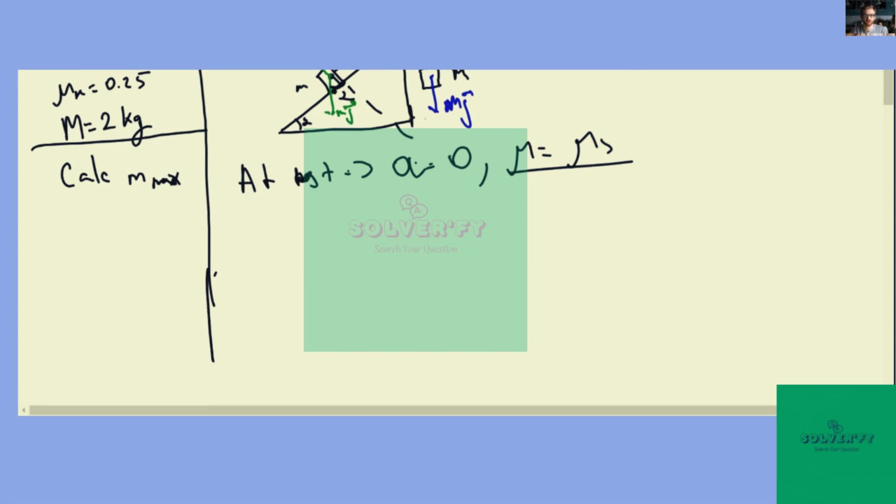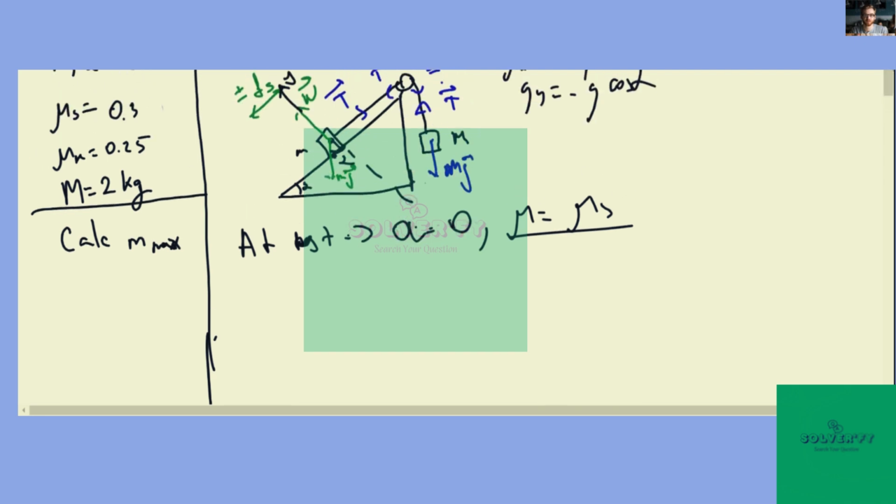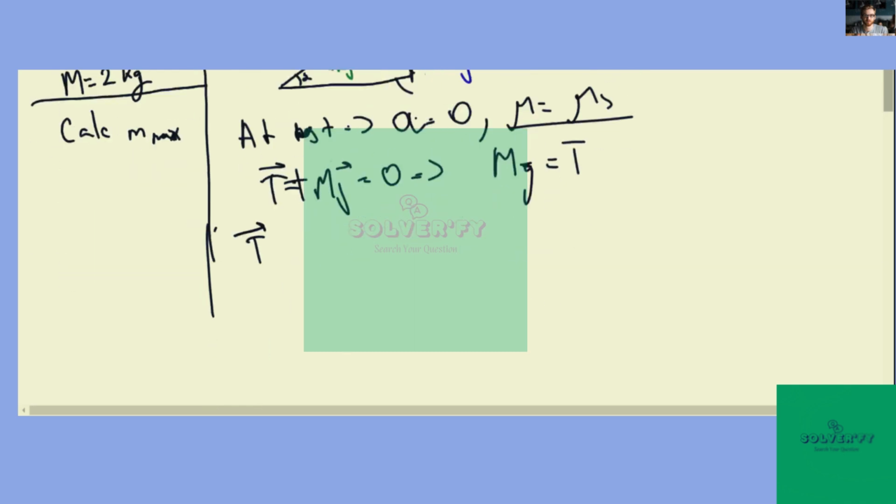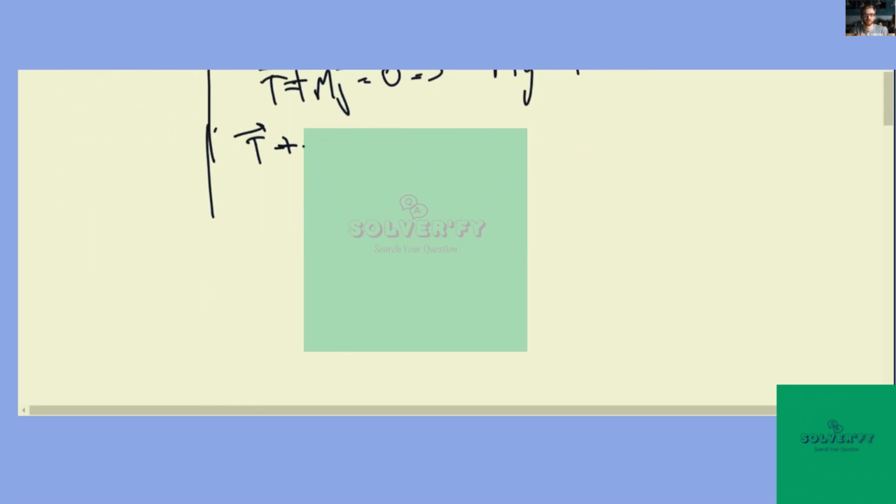Let's write down the second Newton's law for the big block: T plus M capital G equals 0, so mg equals T. Now let's write down the second Newton's law for the small block: the vector sum of T, mg, N, and F equals 0.